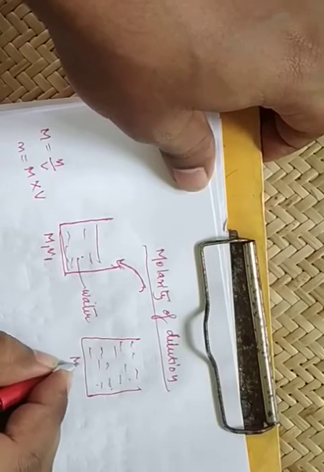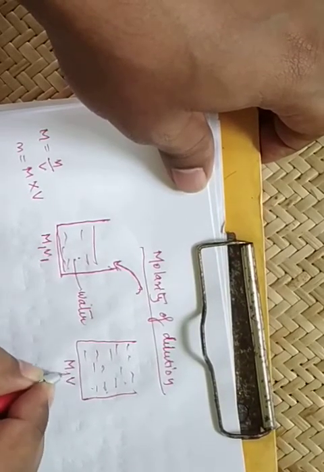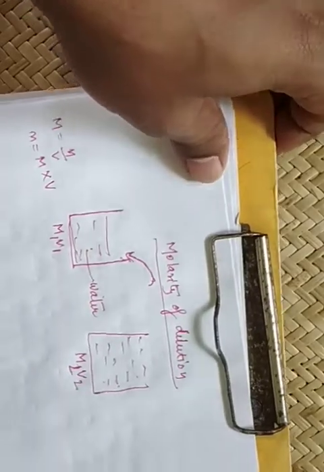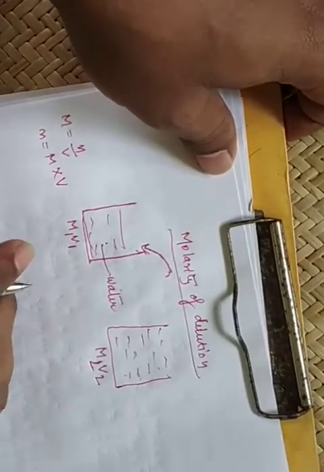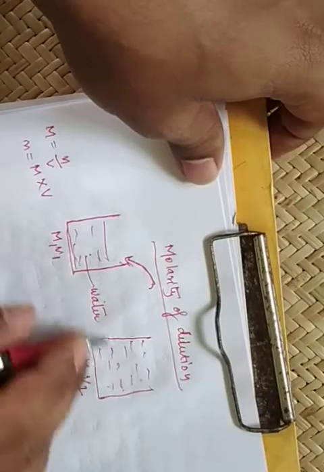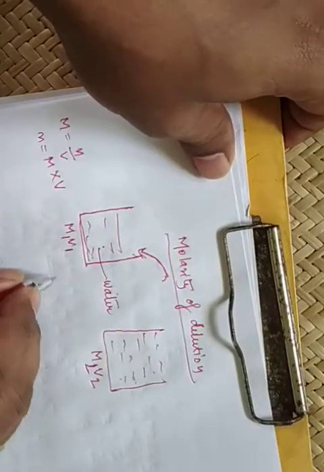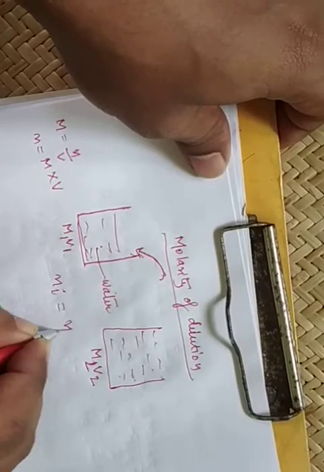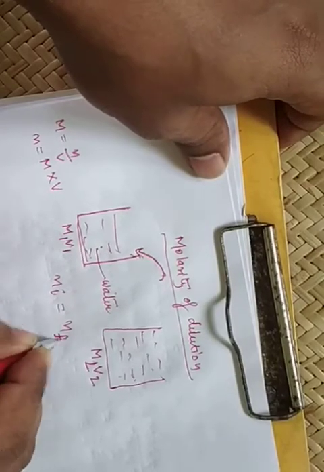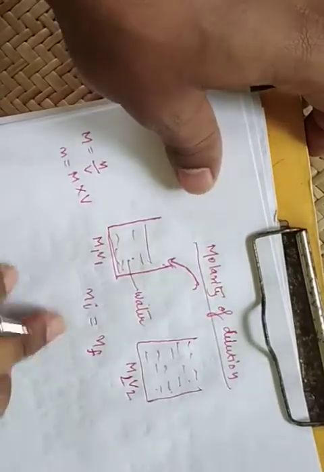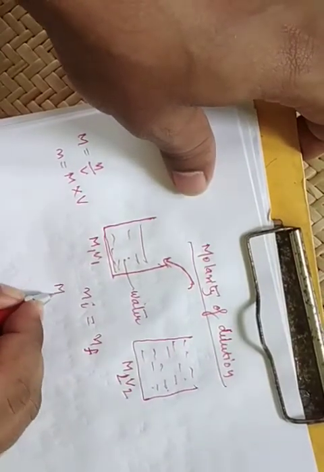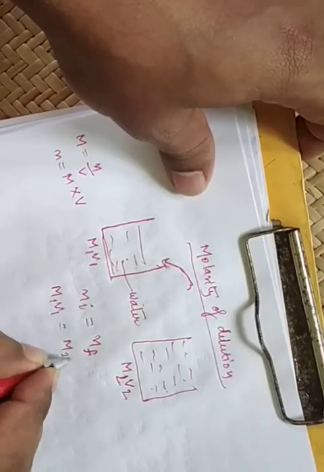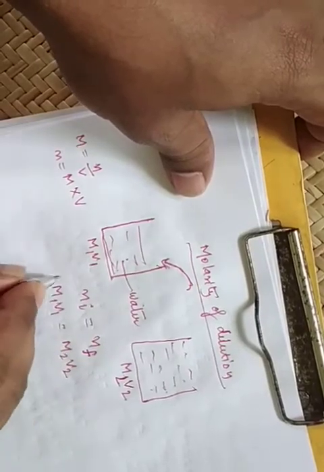Now the concentration is changed. Again the concentration of this solution is M2V2. The number of moles in both solutions is the same. The initial number of moles is equal to the final number of moles after adding water. It means M1V1 is equal to M2V2. Clear?